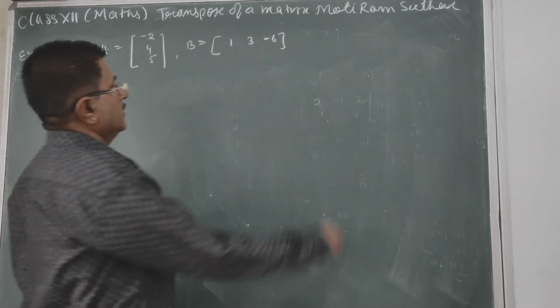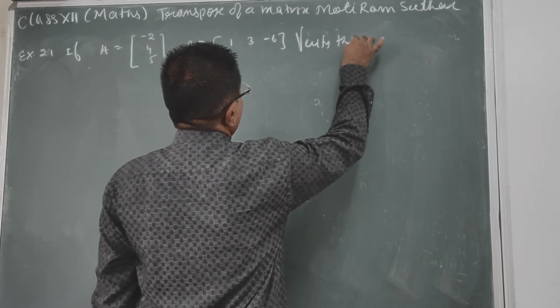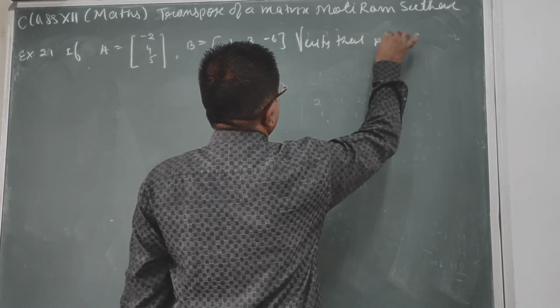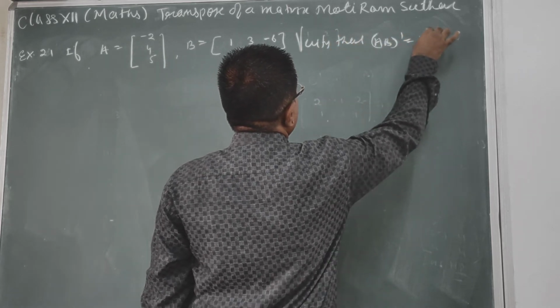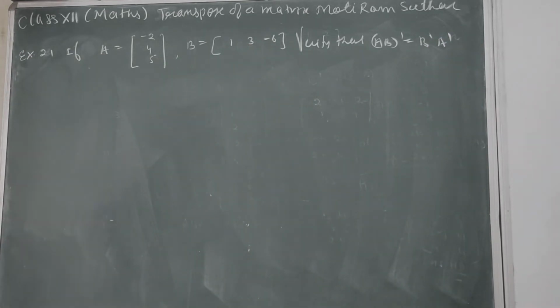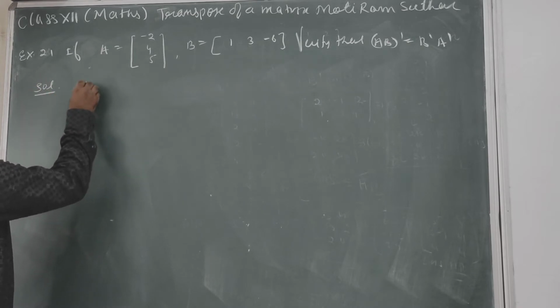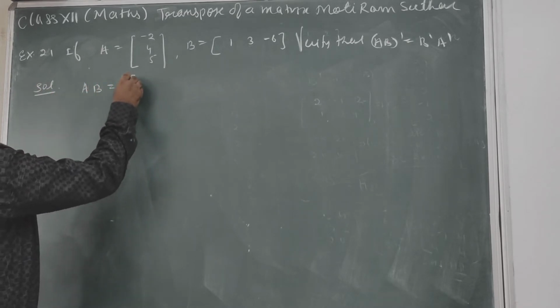Verify that AB whole transpose is equal to B transpose A transpose. So in solution you write here AB means product of A matrix with the B.